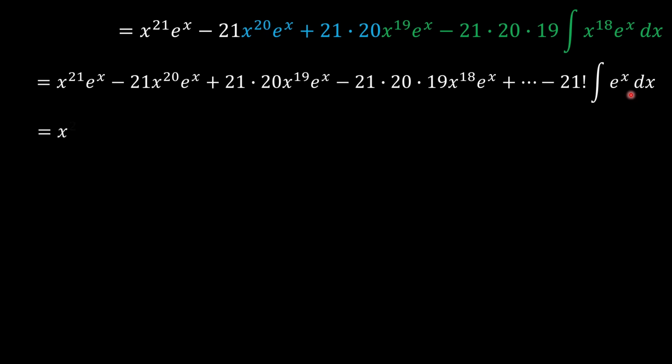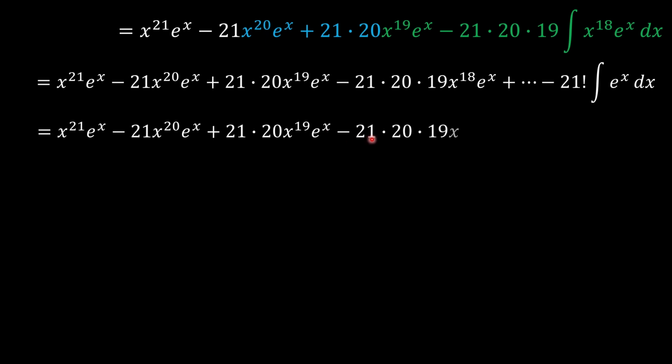And when we solve that, we have x to the power 21 times e to the power x minus 21 times x to the power 20 times e to the power x plus 21 times 20 times x to the power 19 times e to the power x minus 21 times 20 times 19 times x to the power 18 times e to the power x, all the way to minus 21 factorial times e to the power x plus the integration constant.